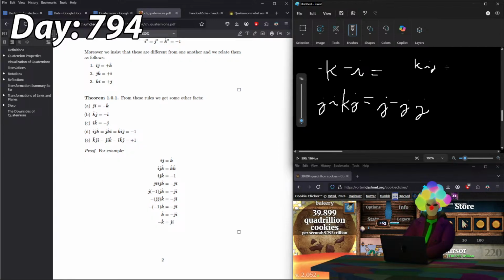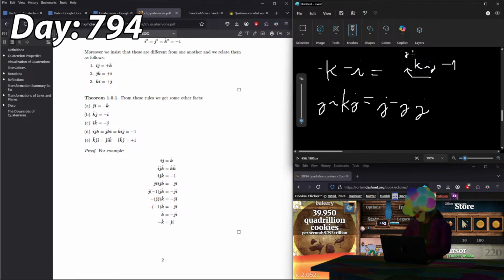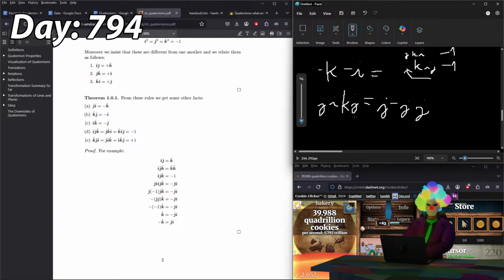KIJ is equal to -1, right. Put the J right here. JKI is -1, which means IKJ is +1, which means this would be... That doesn't feel right.